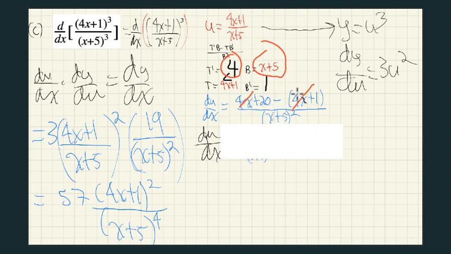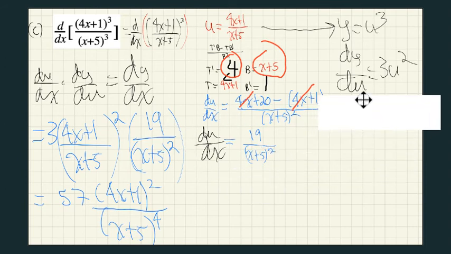All I'm left with is 20 minus 1, which is 19. And then it's over the bottom squared. So that's 19 over (x plus 5) squared. That's the inside derivative.